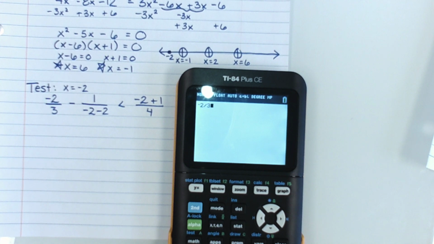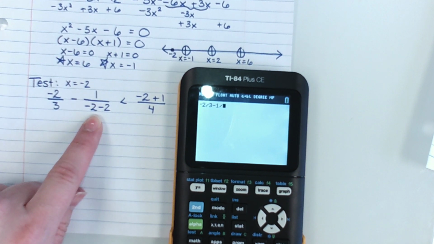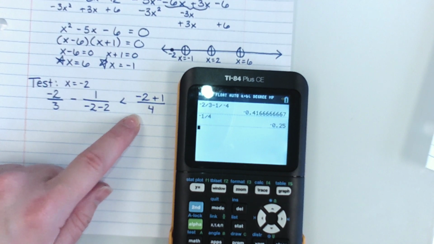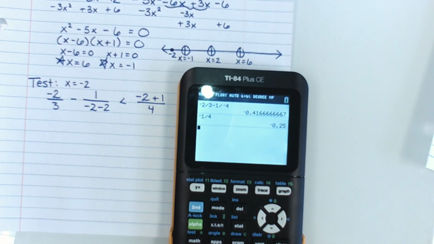Either I need parentheses or I need to actually do the subtraction. -2 minus 2, -4. That's the left side. The right side, -2 plus 1, -1, over 4. I have a less than symbol right here. Is this less than this? Yes. When they're negative, a bigger digit is a smaller number. So yes, that is less than. That is true.